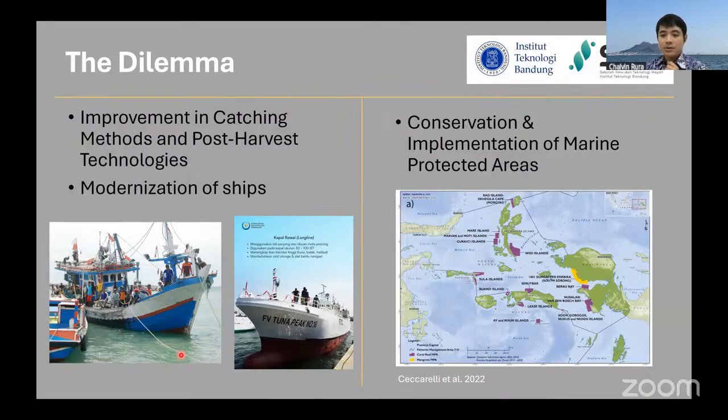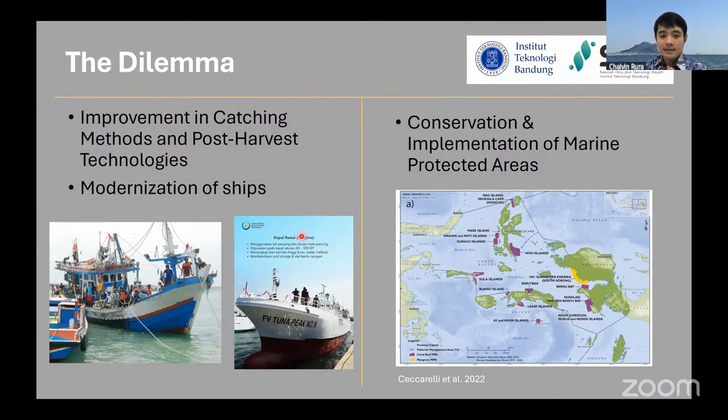And also the economic situation, in which they don't really have the capital to improve their ships. So it's not only the technology part, but also the socioeconomic part. It's a very multidisciplinary problem. And I don't think this is special to Indonesia. I think several countries still mostly have traditional ways of fishing.